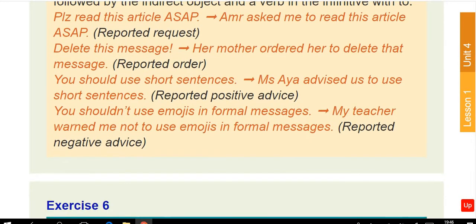This is a reported negative advice, okay? And here we use the verb warned. Why? Because we are advising people not to do something, okay? Right. If we want to make a negative reported request or order, we just put the not before the to.